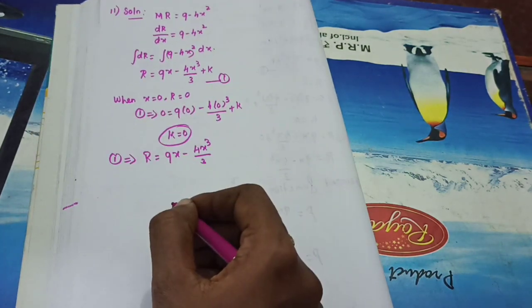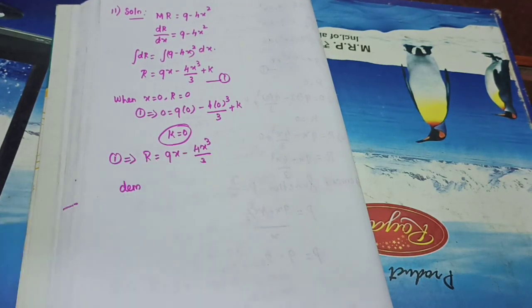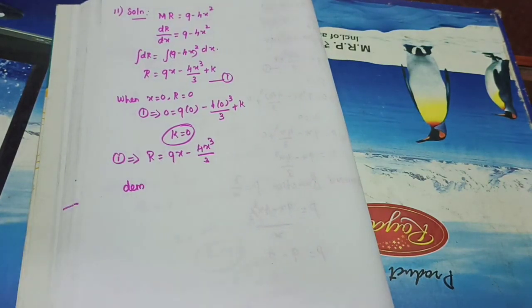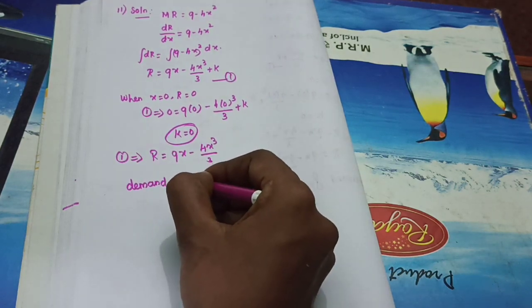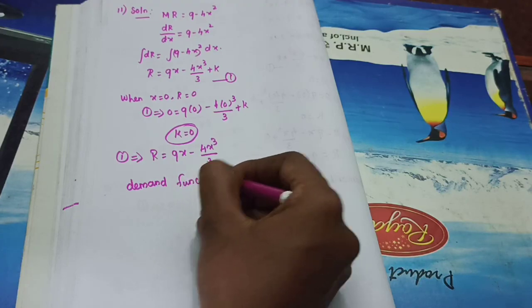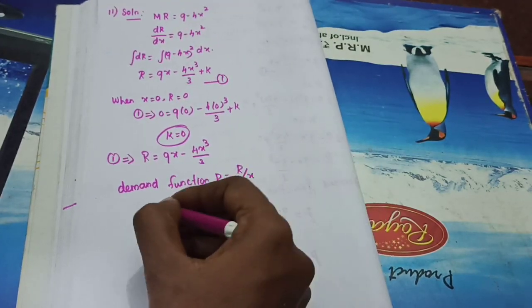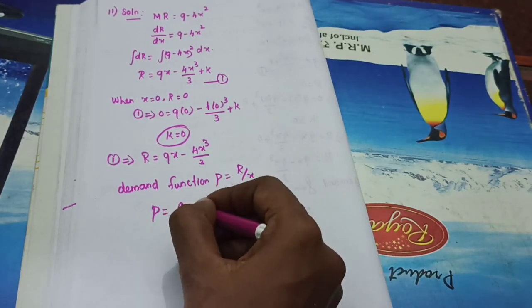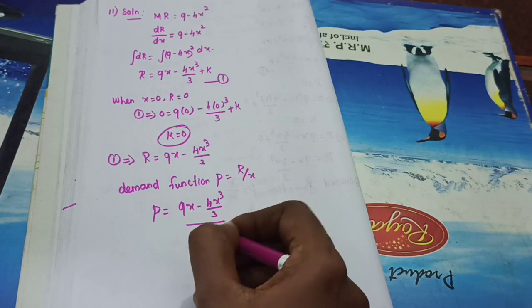Okay, we need to find the demand function. What's the formula? P is equal to R by X. Substitute 9x minus 4x cube by 3, divided by x.